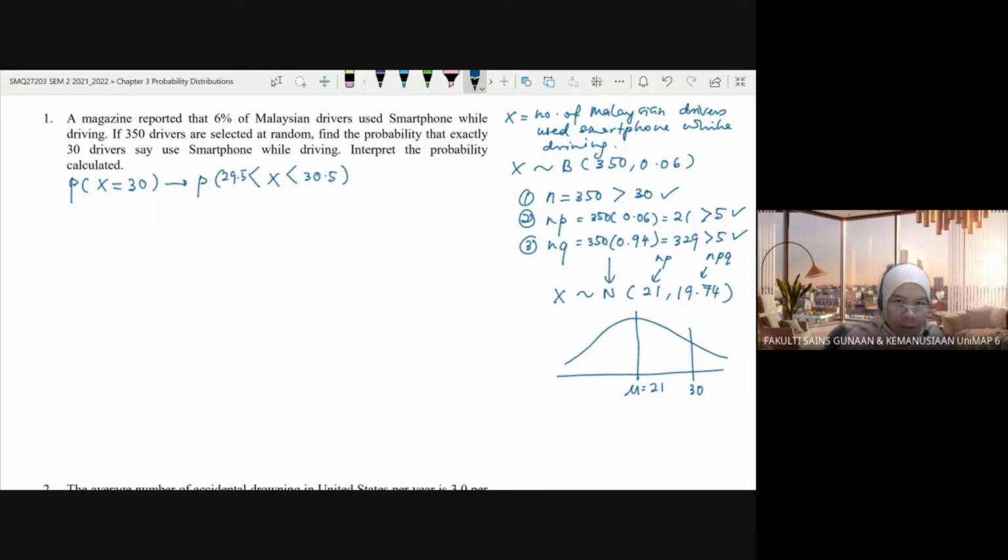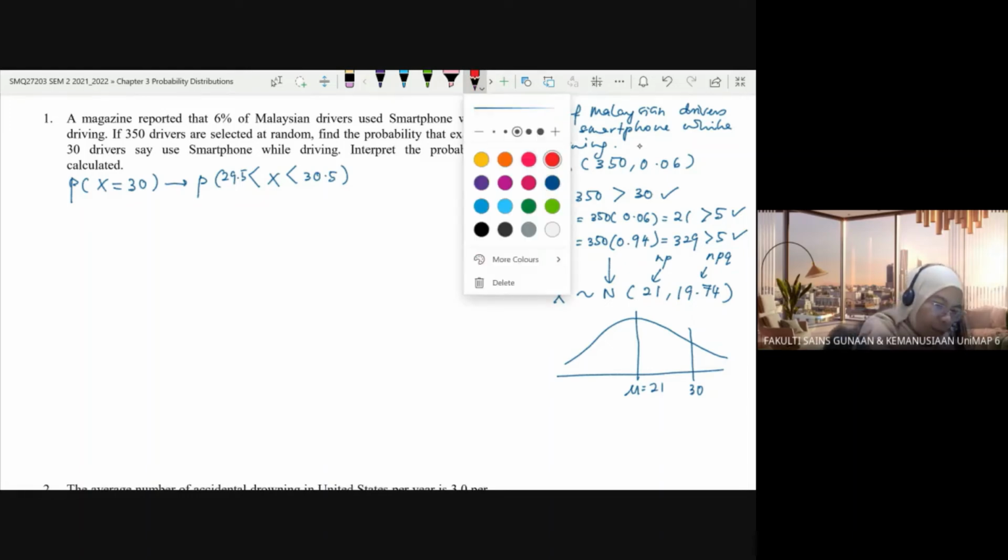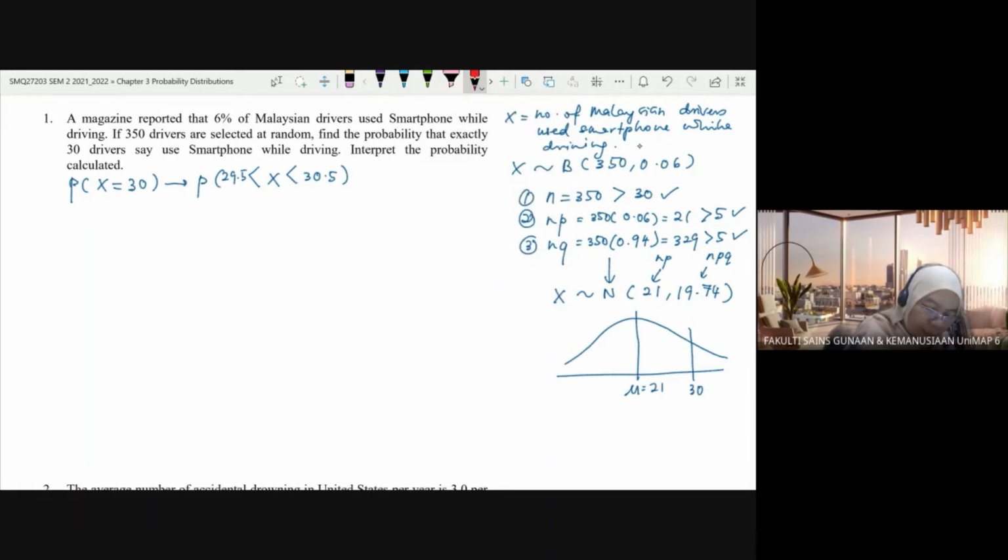So if you have exactly 30, what you need to find is the probability for the area from 29.5 until 30.5. So this is the probability that you are looking for.